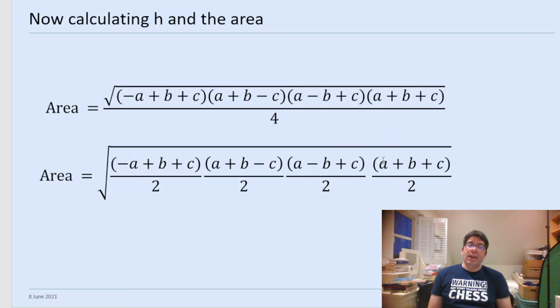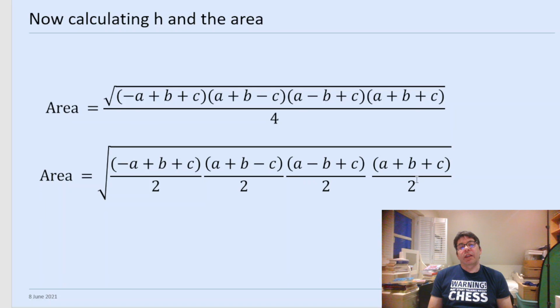Okie doke. Now, next step, we're going to put this 4 inside the square root sign. So the square root of 16 is 4. So if it's going to go inside the square root sign, it's got to go in as a 16, which gives us 4 2's, because 2 times 2 times 2 times 2 is 16. So we can give each of these 4 terms its own 2 in the denominator.